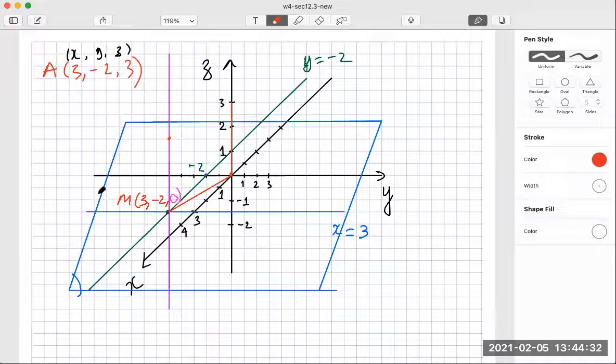So you see? And this is the point A, satisfying the condition here. This is A, 3, -2, and 3.